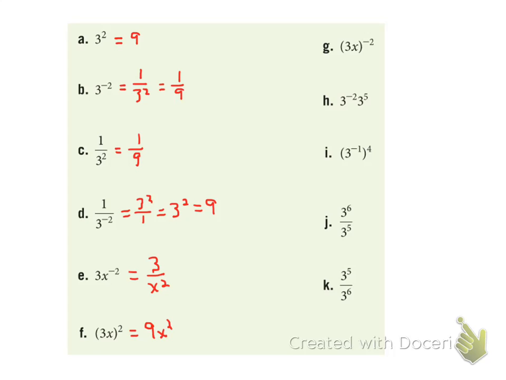If you look back at letter F, it's very similar except for the negative, right? So you could distribute the -2, although you can't actually multiply it out because of the negative. That will be one way to start. That would give you 3 to the -2, x to the -2. So far, so good?